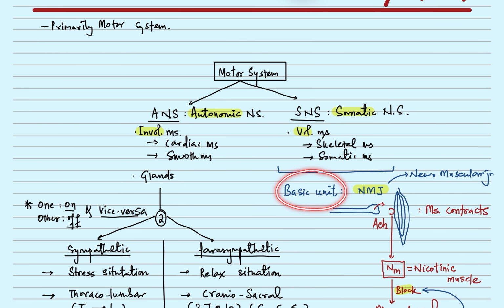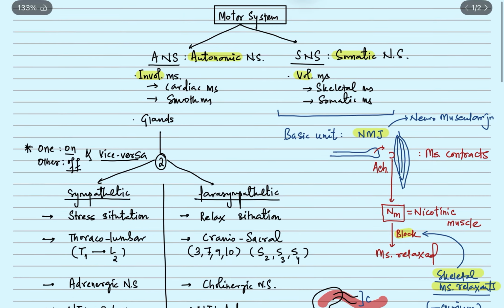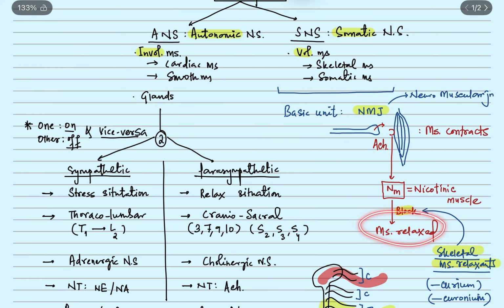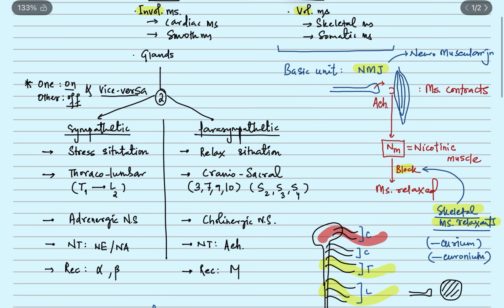The basic unit of the somatic nervous system is the neuromuscular junction, which constitutes a nerve and a muscle. The nerve releases a neurotransmitter, which is acetylcholine, which acts upon the NM receptor present on the muscle, and the output is muscle contraction. So if we have to relax the muscle, we have to block this receptor, and this work is done by drugs called skeletal muscle relaxants, whose names end with curium and curonium. For example, vecuronium, rocuronium, atracurium.